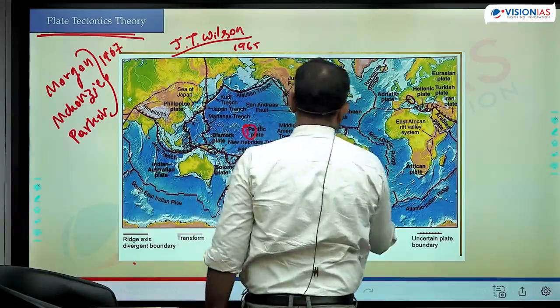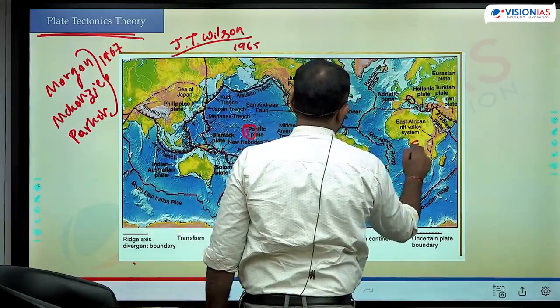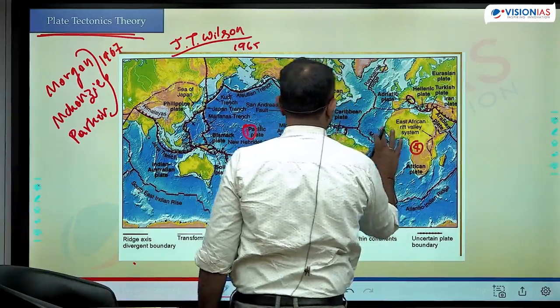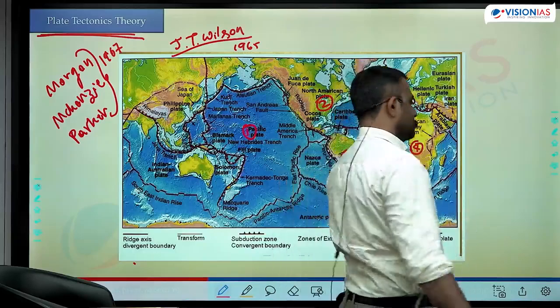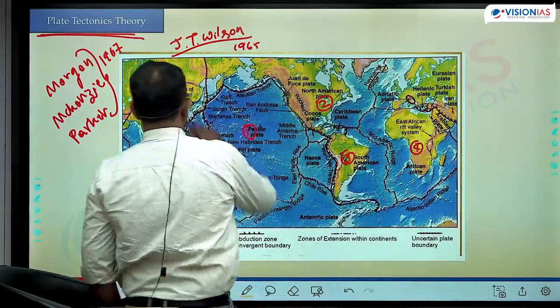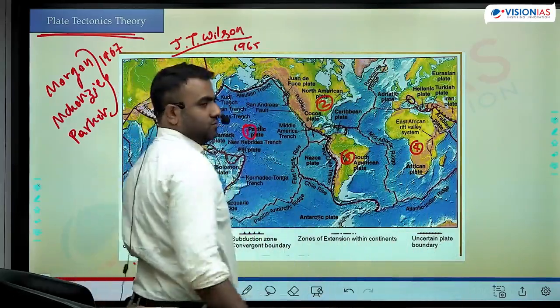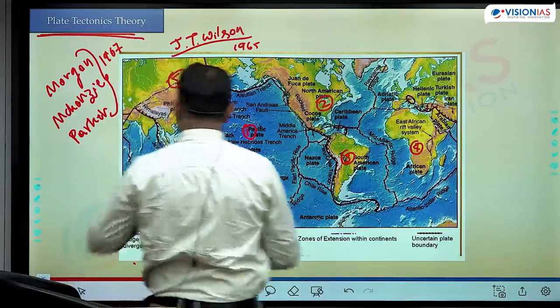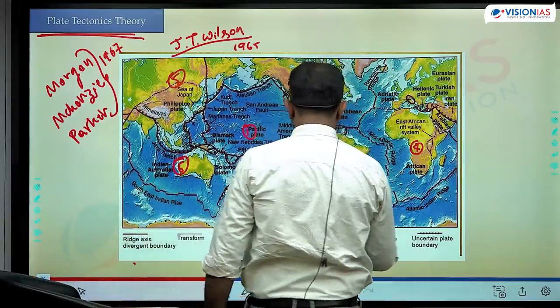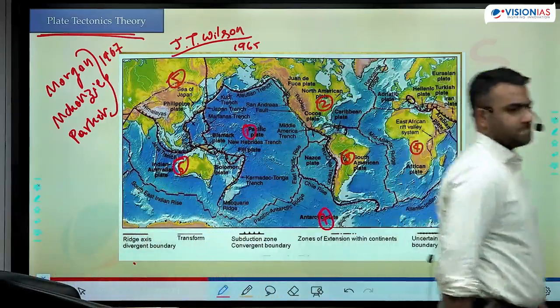North American plate, South American plate, African plate. Can you see one side there is continental crust, another side oceanic crust? Below that there is upper mantle. Okay, below that there is asthenosphere like this. Fifth one is Eurasian plate, Europe and Asia. Sixth one is Indo-Australian plate. Seventh one is Antarctica plate.